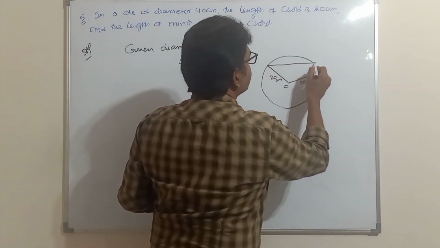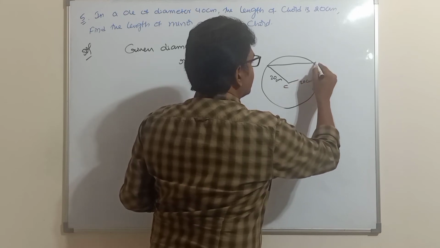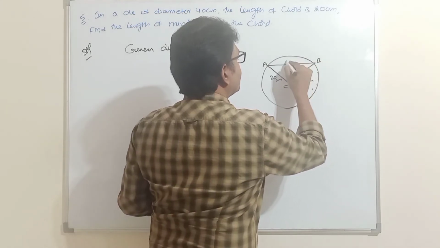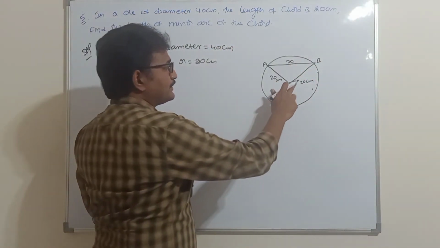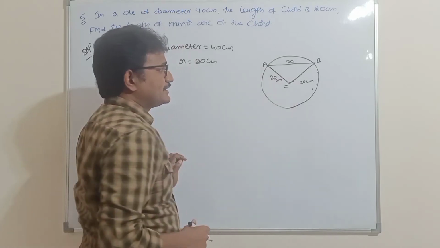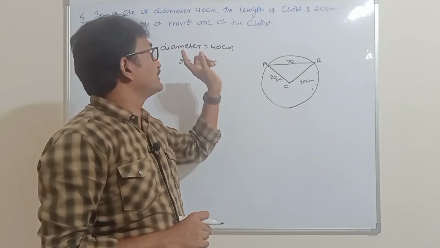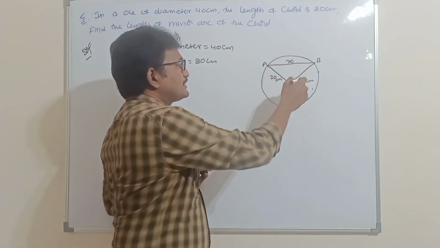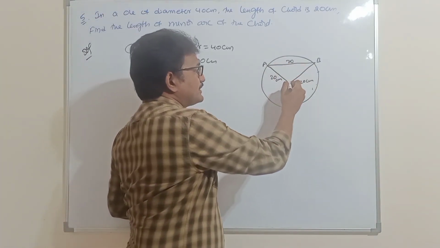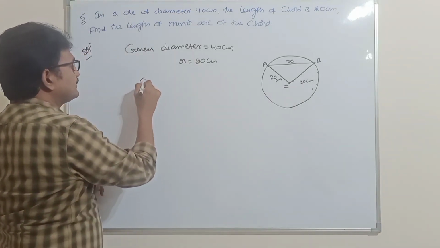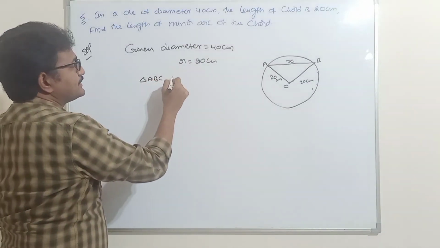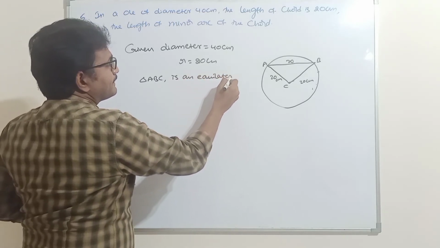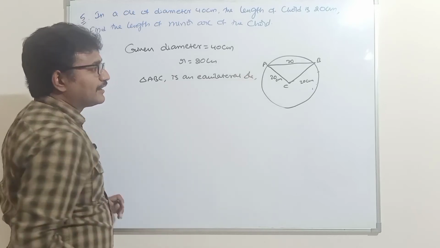Next, the length of the chord is given. AB is called a chord. What is this chord length? 20 centimeters. So BC is a radius, AC is also a radius. The radius is 20 centimeters and the length of the chord is 20 centimeters. If you observe triangle ABC, it is an equilateral triangle because all sides are equal.